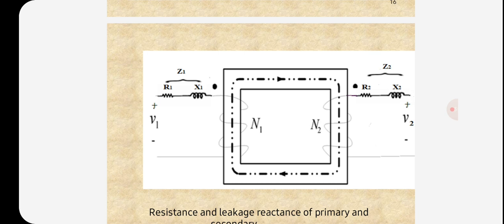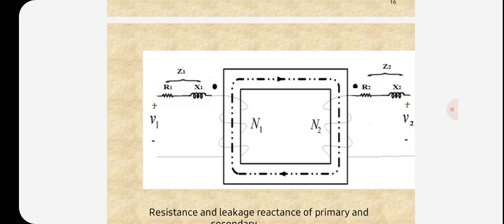Phase angle phi 1 is equal to tan inverse of x1 by r1. Similarly, the impedance of secondary winding is given by z2 is equal to r2 plus jx2, magnitude of z2 is equal to under root of r2 square plus x2 square. Phase angle phi 2 is equal to tan inverse of x2 by r2.